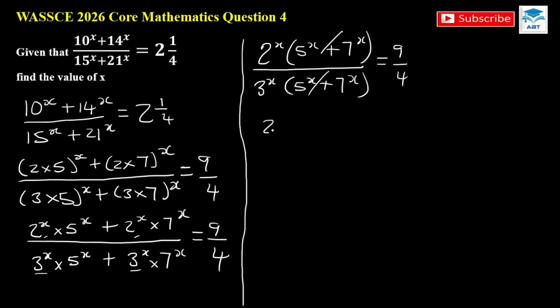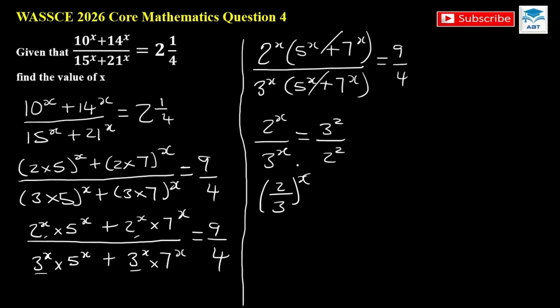Then we have 2^x divided by 3^x is equal to 9, which can be written as 3 squared. 4 here can be written as 2 squared. So 9 over 4 becomes 3 squared divided by 2 squared. 2^x divided by 3^x can be written as (2 over 3) all exponent x.